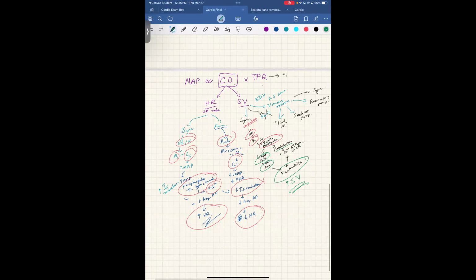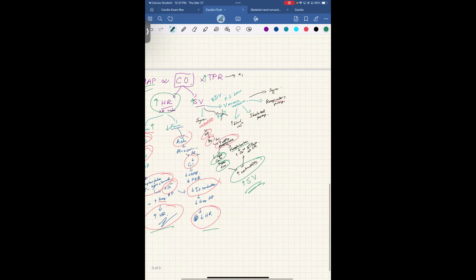So in a nutshell, MAP: if you want to increase blood pressure for some reason, you can increase heart rate, or you can increase stroke volume, or you can increase TPR, but we haven't talked about that. If your brain wants to increase heart rate, it would increase sympathetic and decrease parasympathetic. And if you want to increase stroke volume, this is the pathway you take.